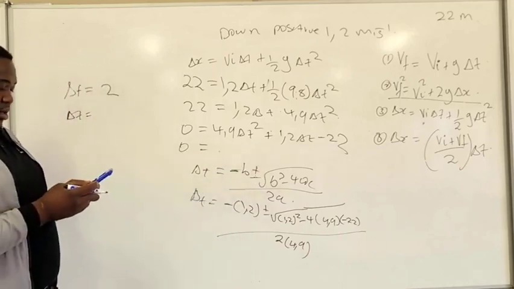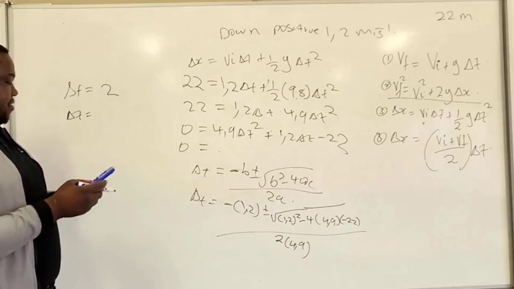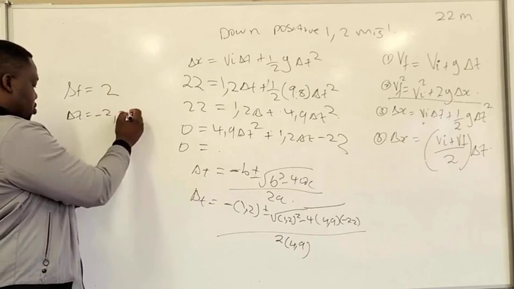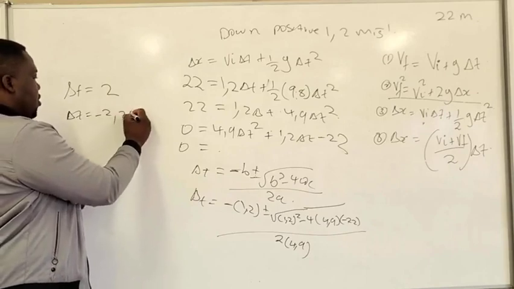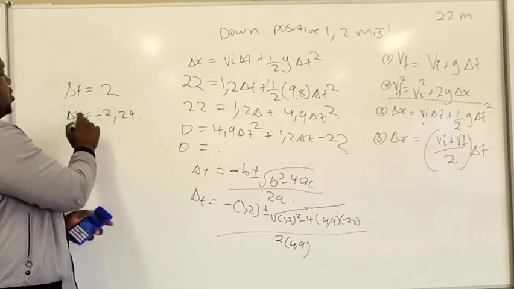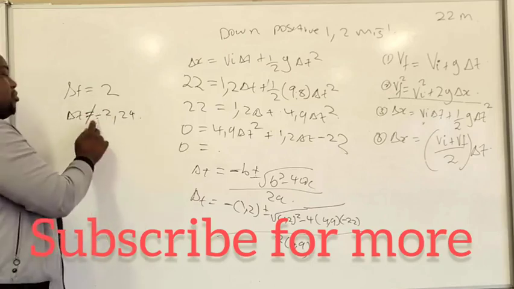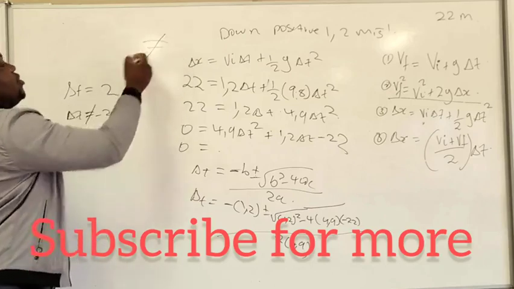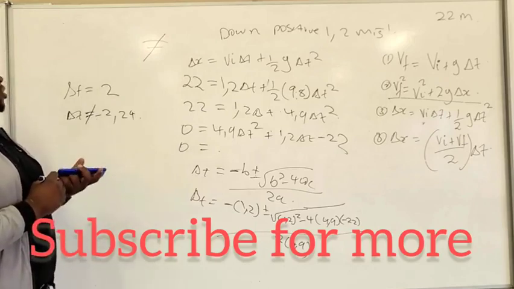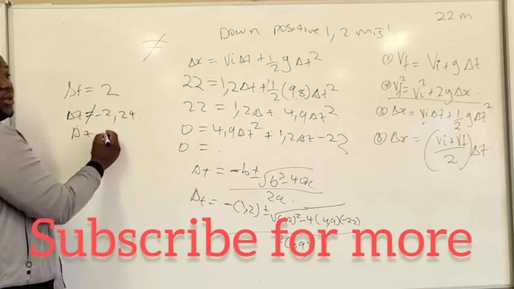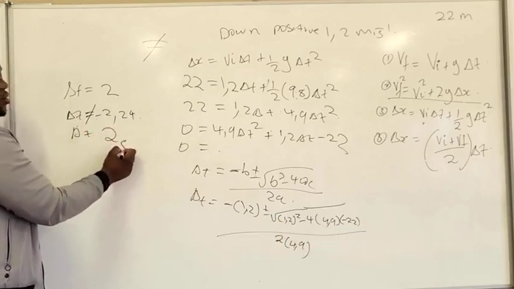We get negative 2.224. And we know that time cannot be negative, so we write an equal sign and cross it out to show that time cannot be negative. So our change in time is equal to 2 seconds.